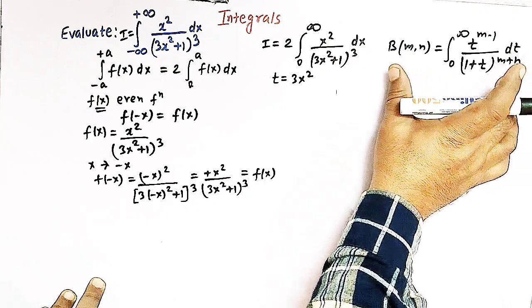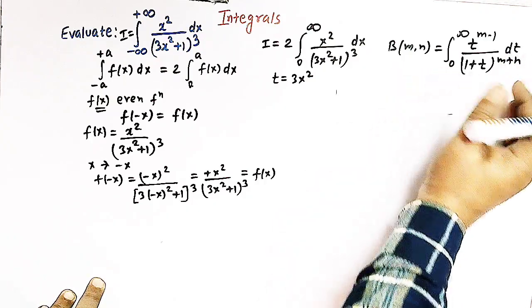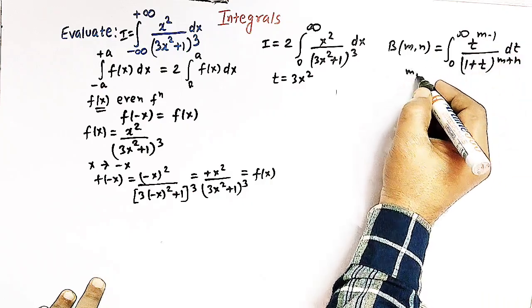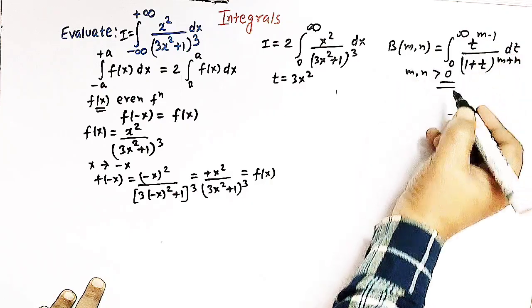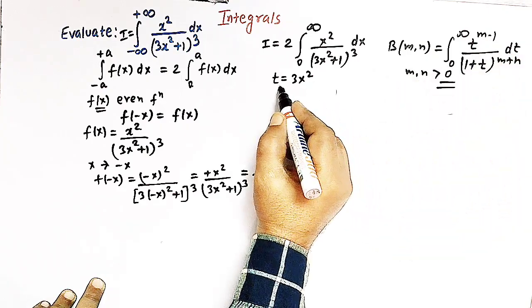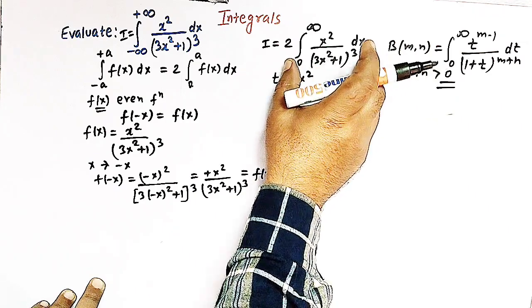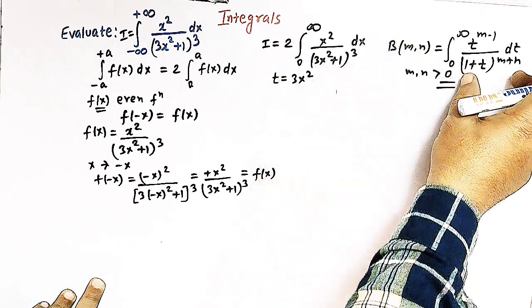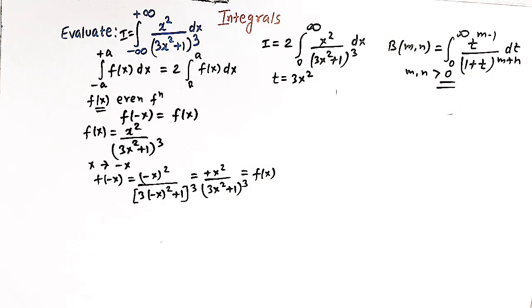The beta function is defined by this integral where m and n are greater than 0. So using this substitution will reduce this integral into this form.